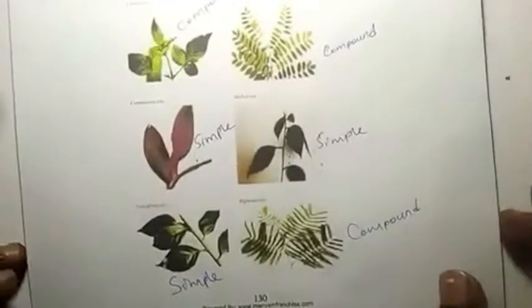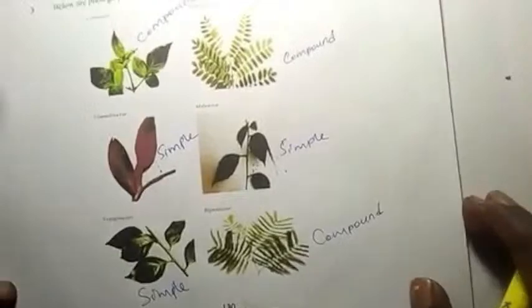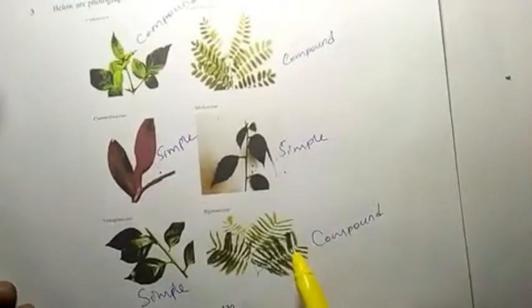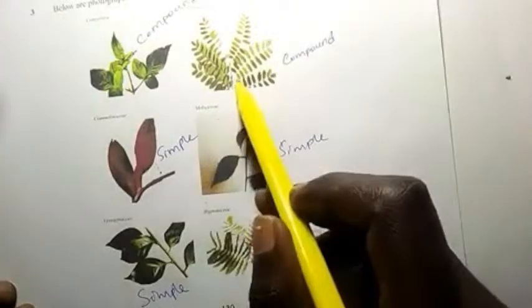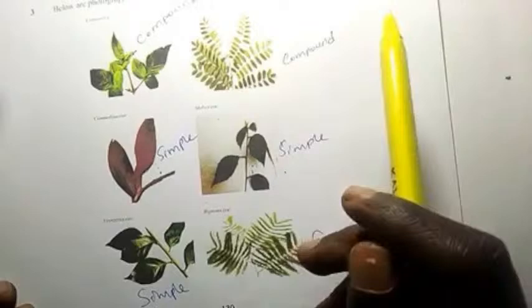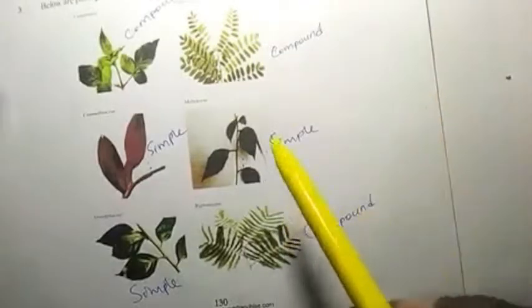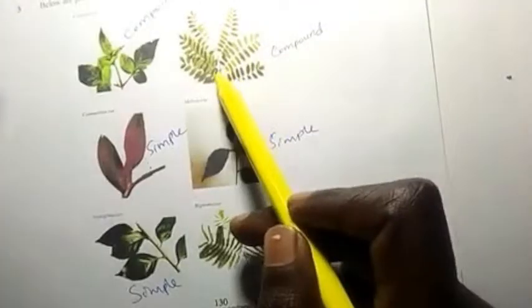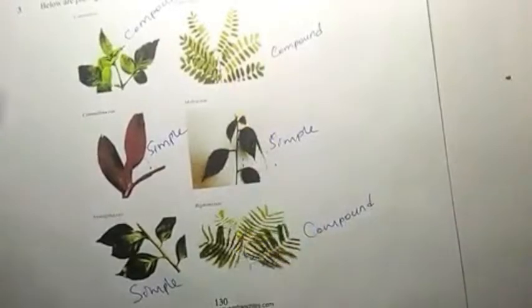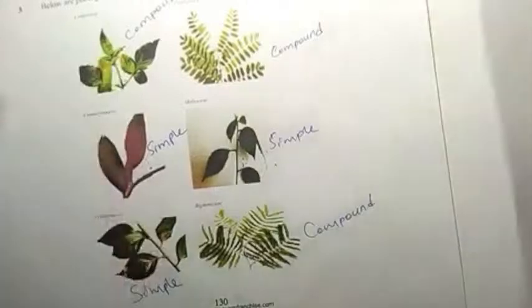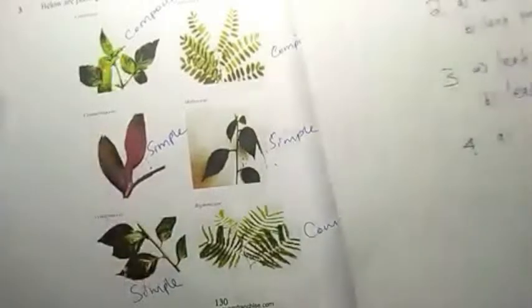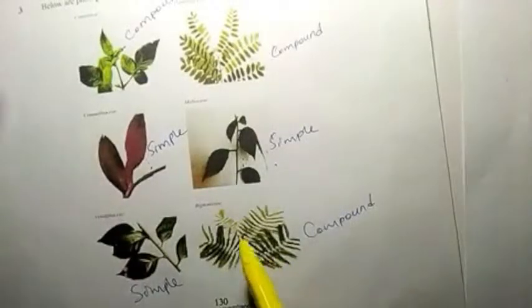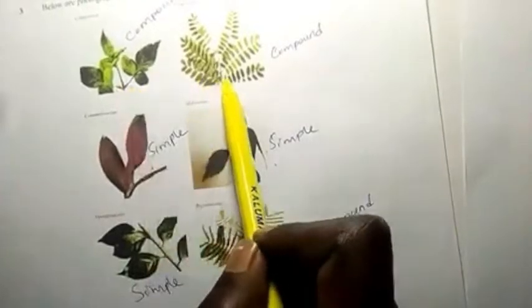Here we will say leaf opposite, that have the leaves opposite, and the other one with alternate. These are the opposite and these are alternating. Even this is opposite and this is alternating. Only one is alternating, but these two are opposite.